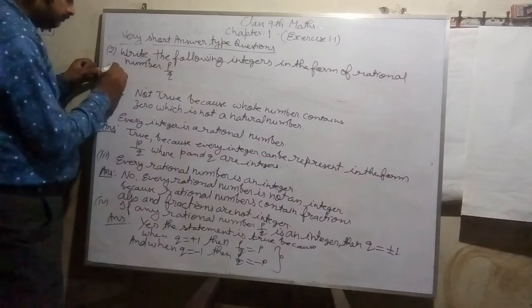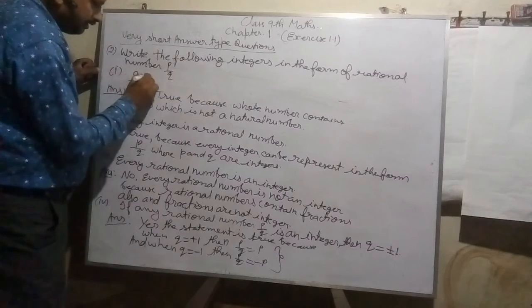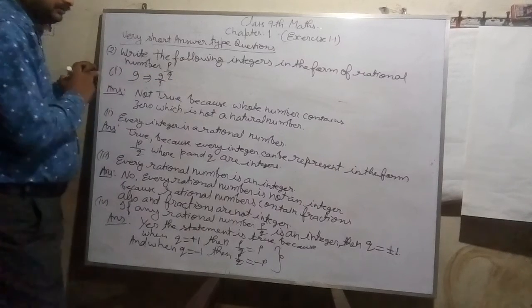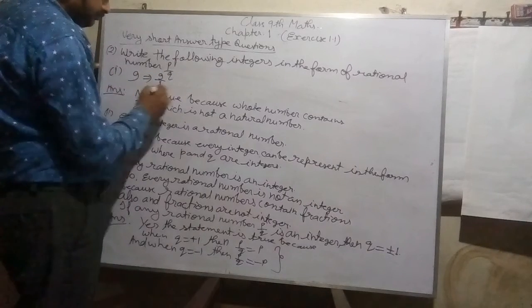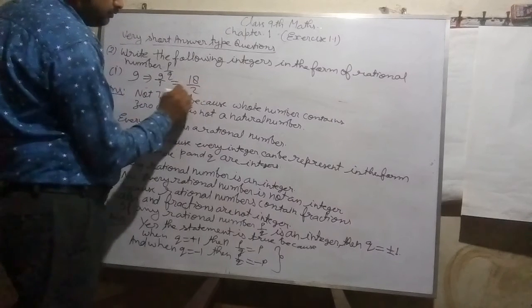First problem, 9. 9 can be written as 9 by 1 equal to 18 by 2.